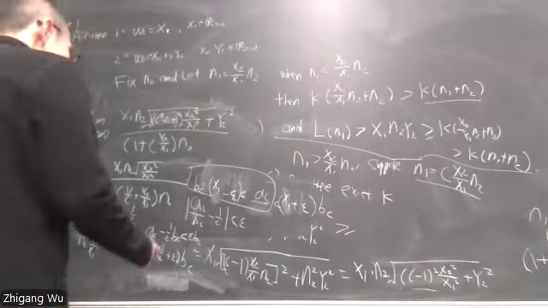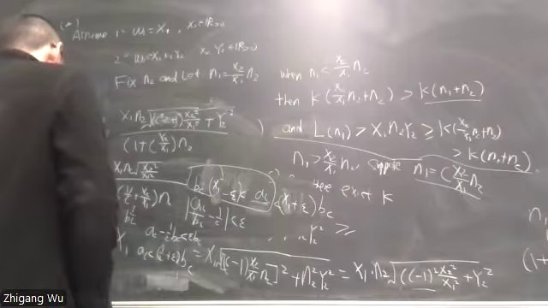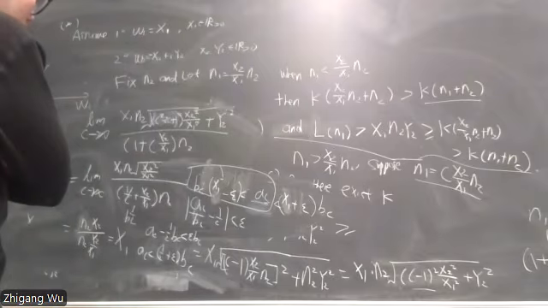Okay, yeah. Then you just multiply this BC by that, and then you will have the strict inequality for C large.